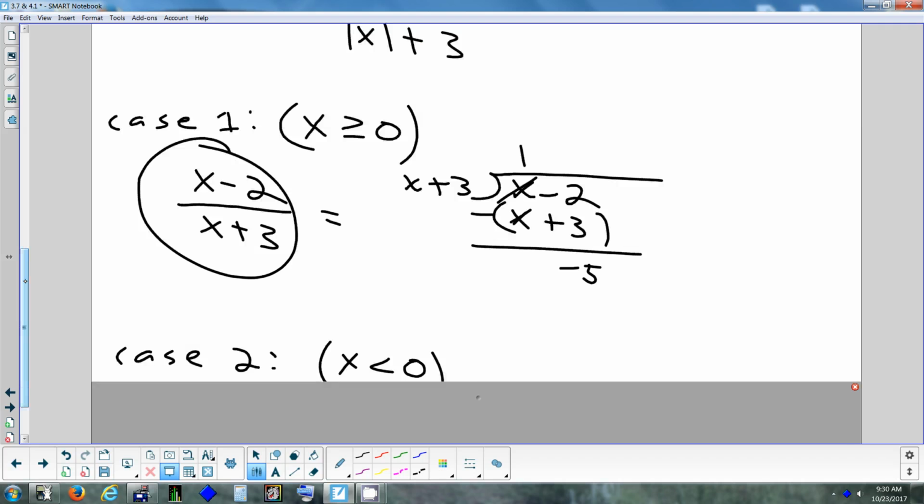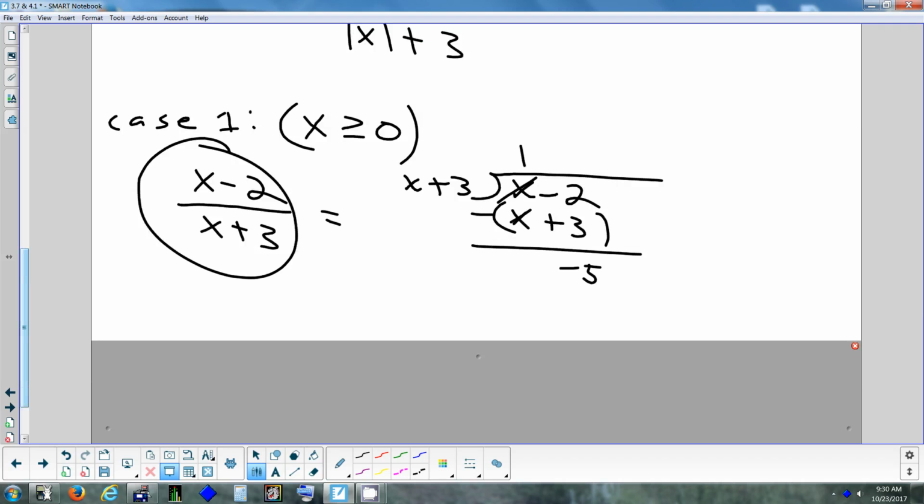So the way I could rewrite this is: quotient plus remainder over divisor. Just like you do long division back in grade school. So your quotient is 1 plus, or actually in this case it's going to be minus, my remainder over my divisor.